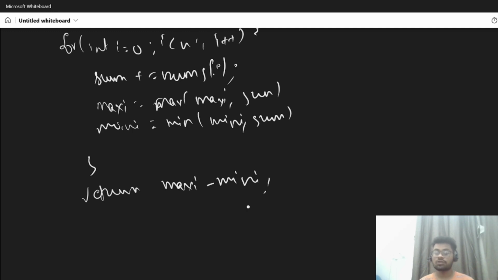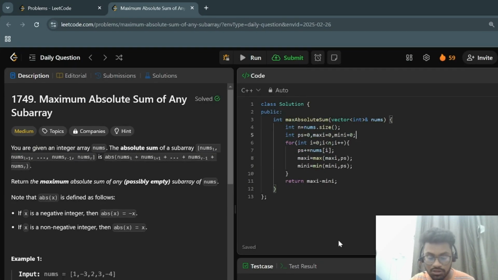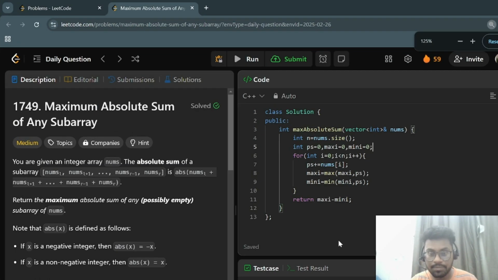That will give you the desired result. Let's walk through the code so we'll get a clear picture of the solution. Let's jump into the LeetCode solution. As you can see, I'm declaring n, which is the size of the vector, and ps is the prefix sum, to maintain a prefix sum of the elements.